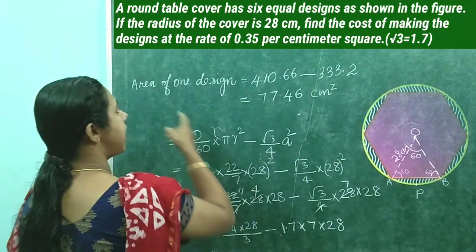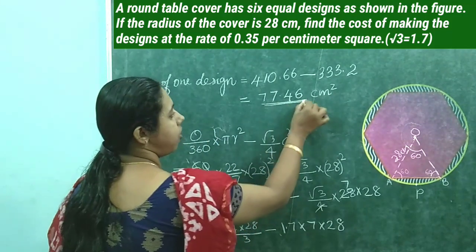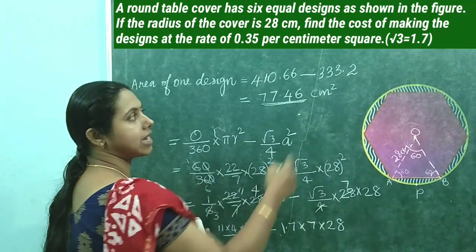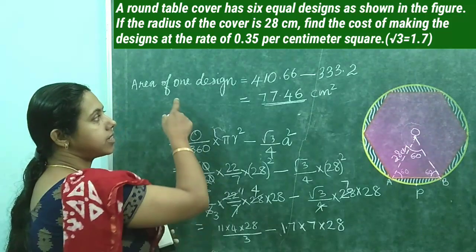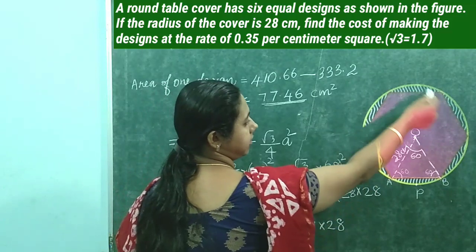That is the area of one design. Such that how many designs are there? There are 6 equal designs. This is the area of one design. You want to find the area of the 6 designs.